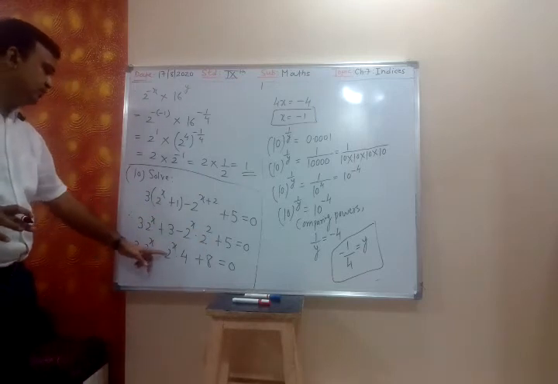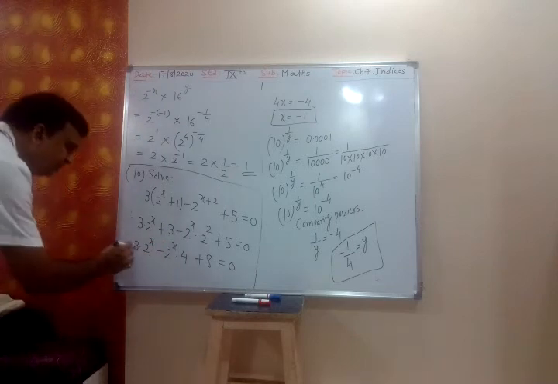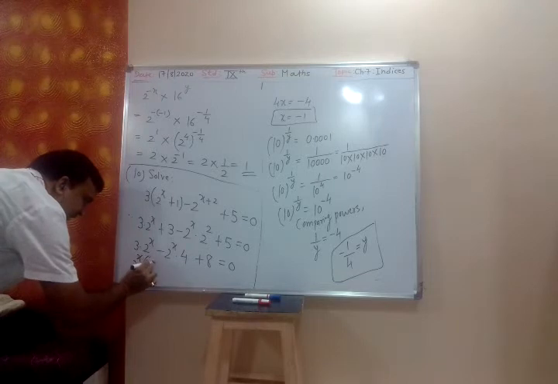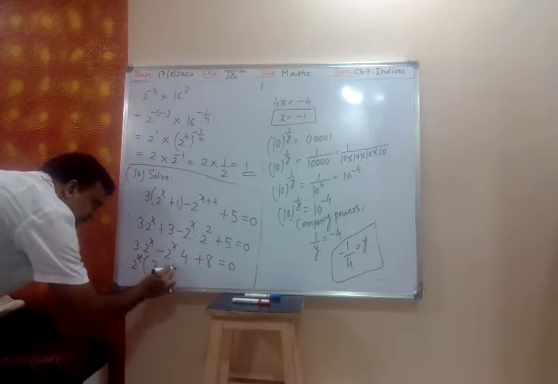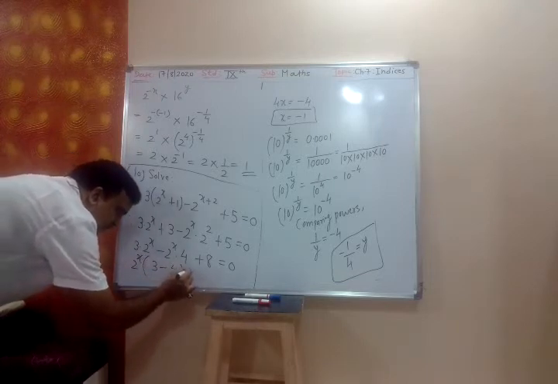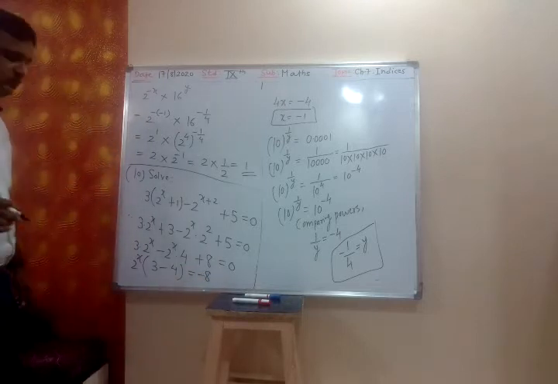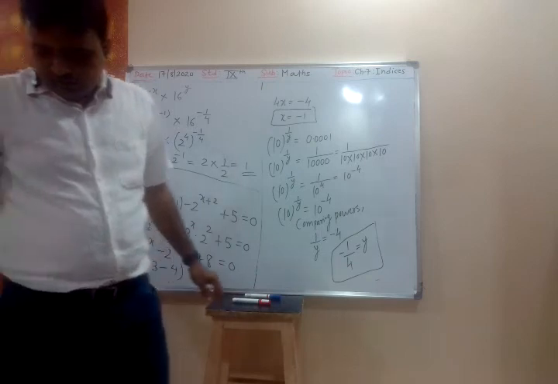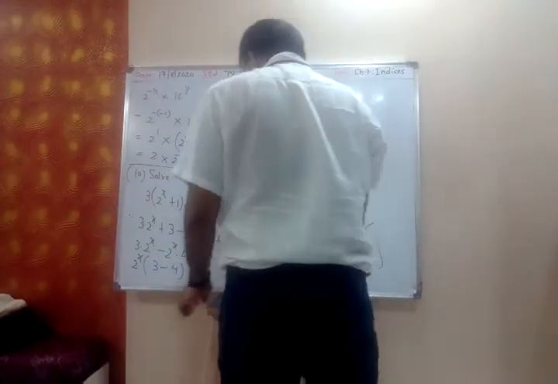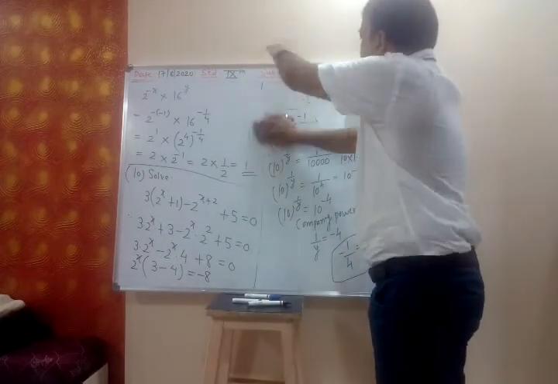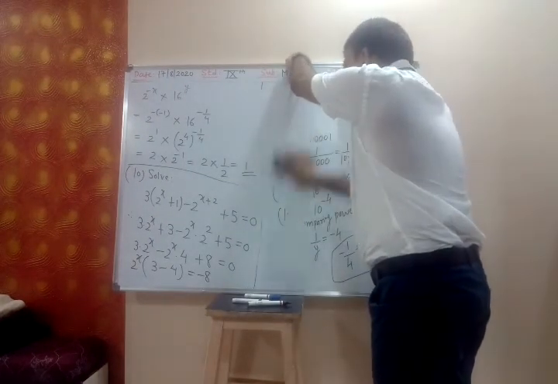Now in the first two, there is 2 raised to x common. Then what is left? 3 minus 4 is equal to minus 8. 3 minus 4 is minus 1.